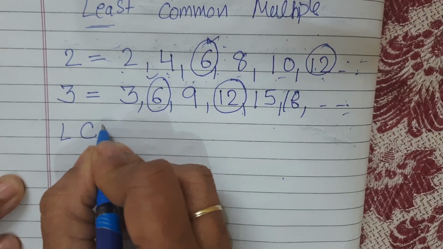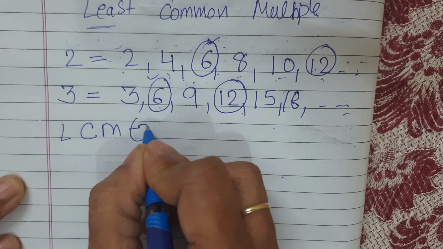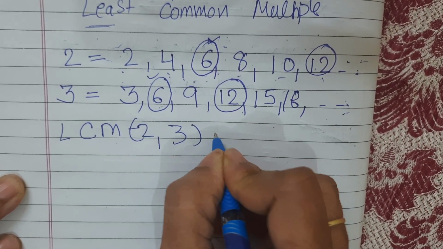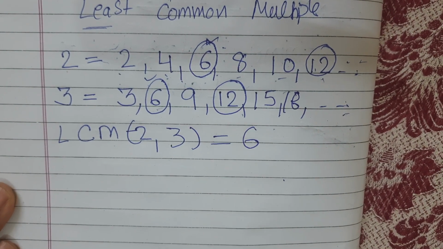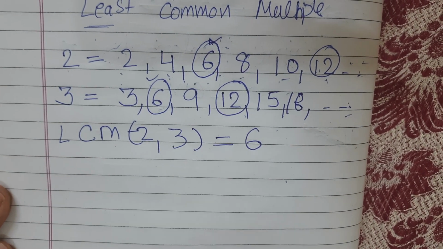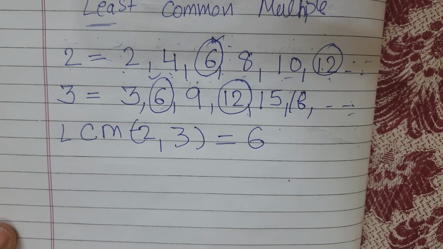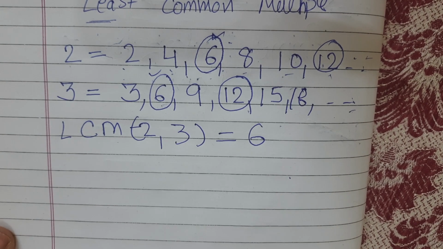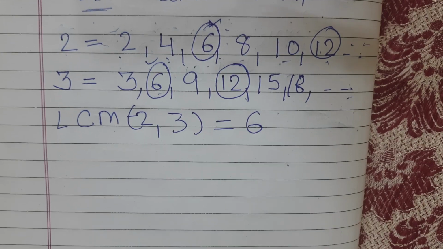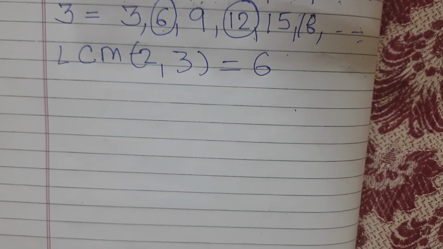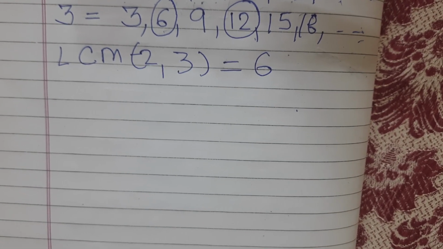So LCM of 2 and 3 is 6. Okay, so this is what actually the LCM means, the least common multiple. So you find the multiples and then you see which ones are common. Okay, so just for the explanation purpose, I am showing you this way.